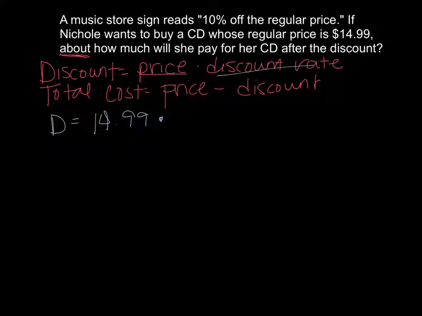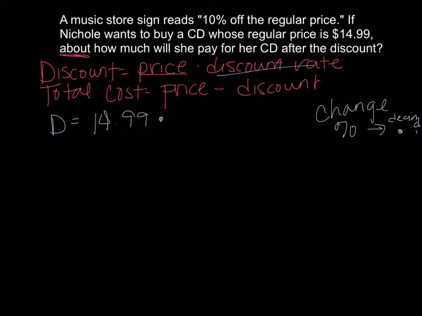Now when I'm multiplying, I can't multiply a percent. My first step is I need to change my percent into a decimal. Can we remember that? If you don't, write decimal in front.